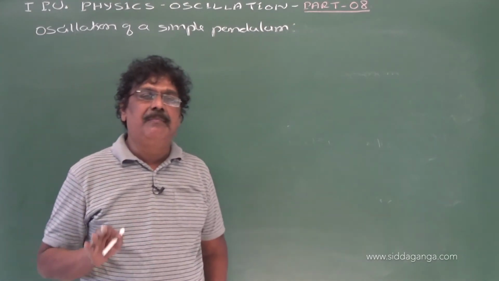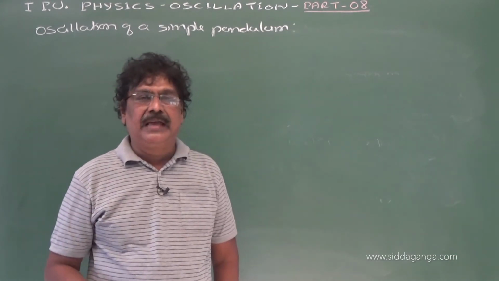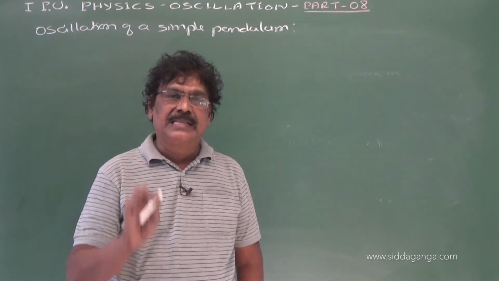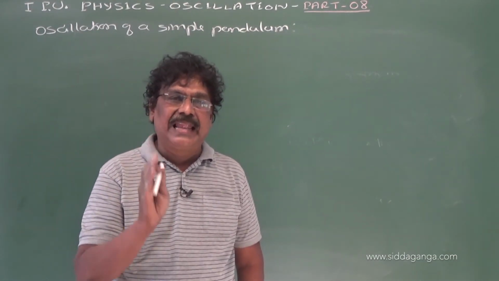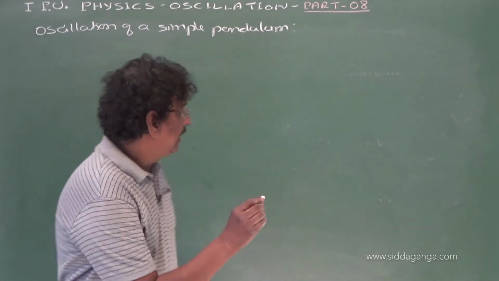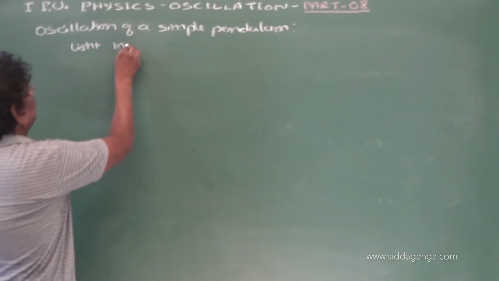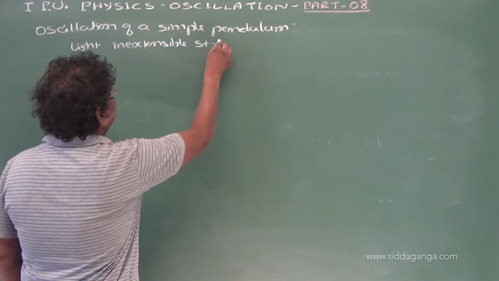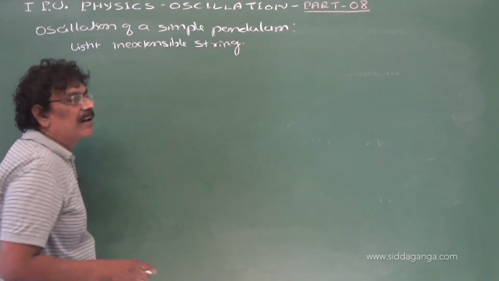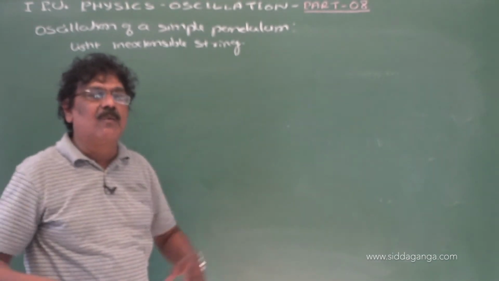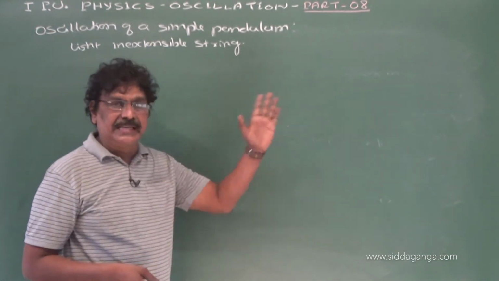A simple pendulum consists of a spherical metallic bob suspended by means of a light inextensible string, not spring, right. String means it is thread, rope, any wire, is called a string.